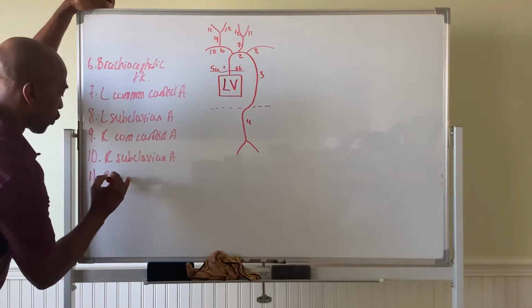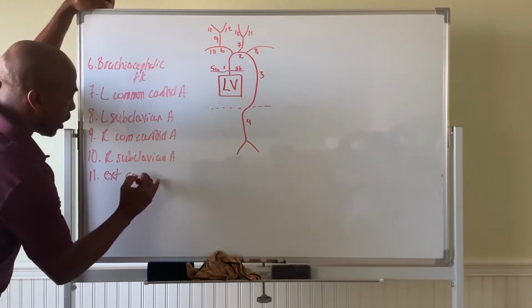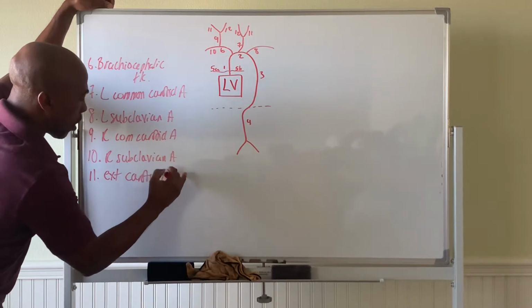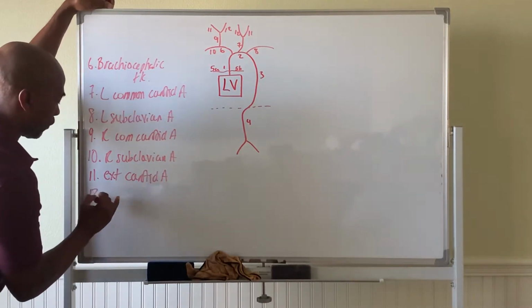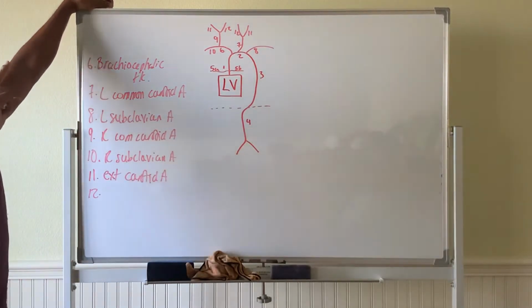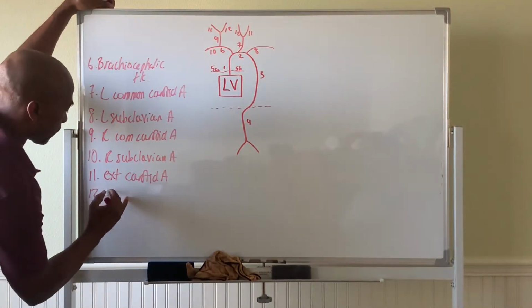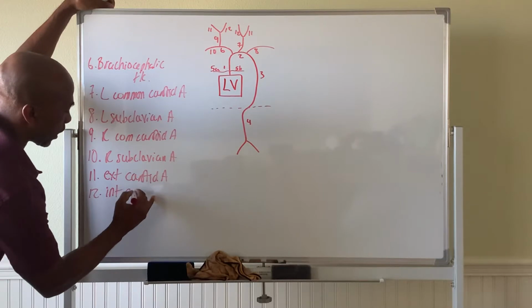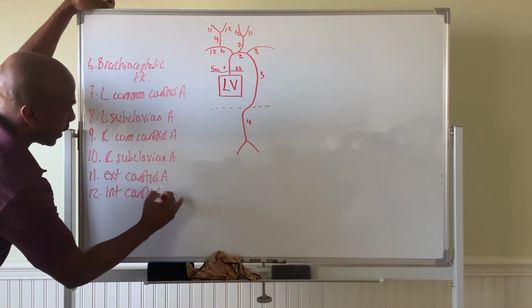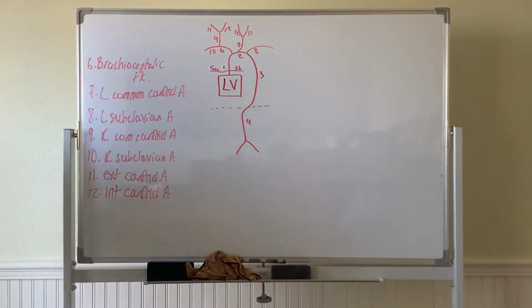That's called your external carotid artery. And 12 goes in through the carotid canal to go into the brain, and that's called the internal carotid artery. So now we've brought blood up to the brain area.